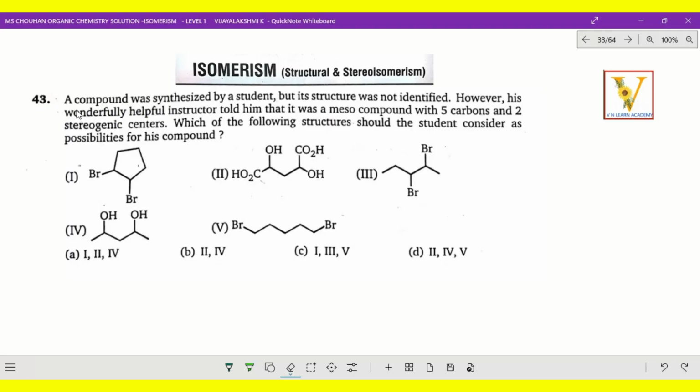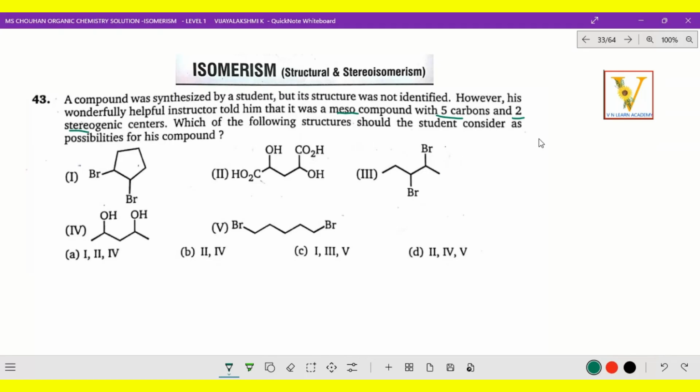The next question: a compound was synthesized by a student, but its structure was not identified. However, a helpful instructor told him that it was a meso compound with 5 carbons and 2 stereogenic centers.